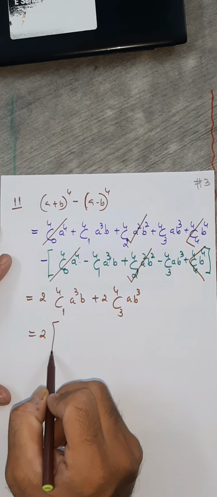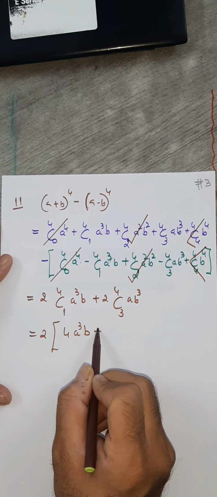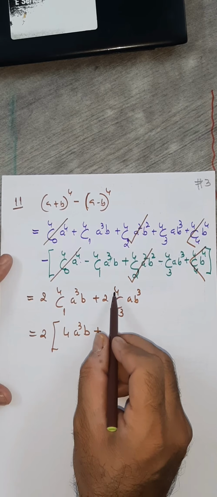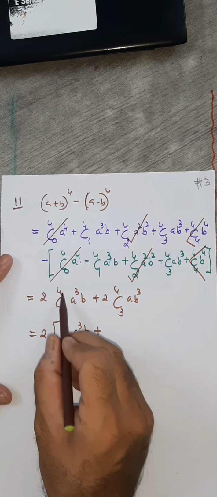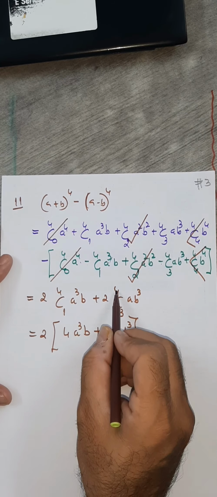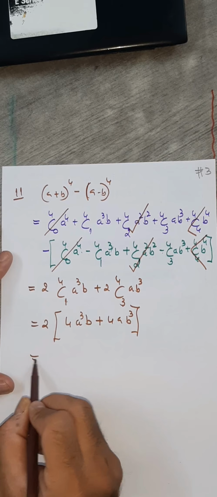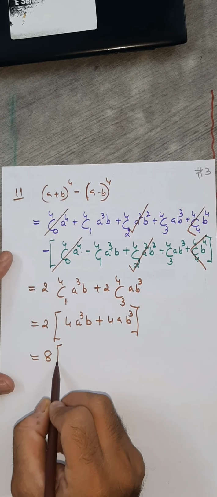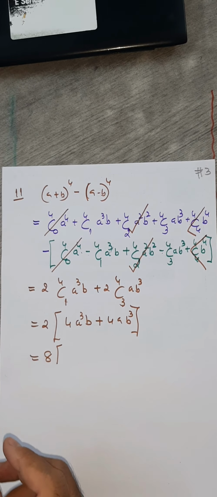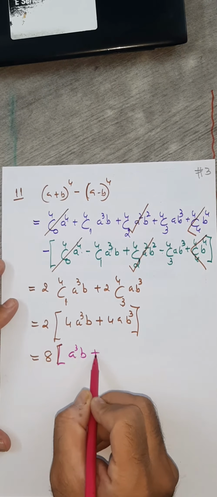You can simplify this. What's 4C1? It is just 4 a cube b, 2 already taken outside. What's 4C3? It's same as 4C1, so it is just 4 a b cube, remember. 4C3 is same as 4C1 and 4C1 is 4. Again you can take 4 outside, so it will be 8 and you have a cube b plus a b cube.